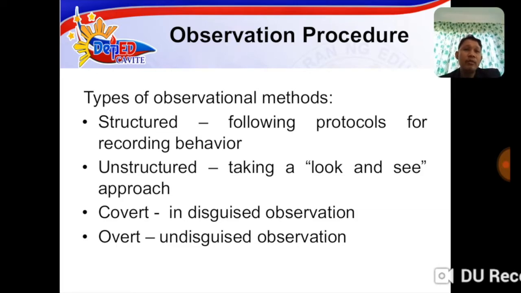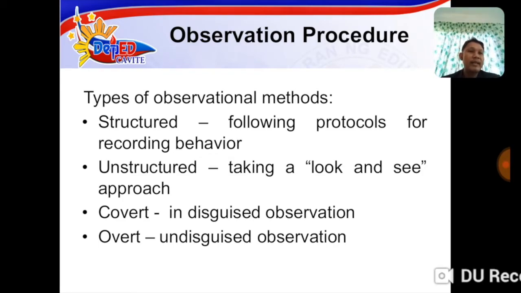On this procedure, as researchers, we could utilize these types of observational methods. First is the structured. Technically, we follow protocols or rules, and on the other hand, when we are using unstructured, it is taking a look and see approach.